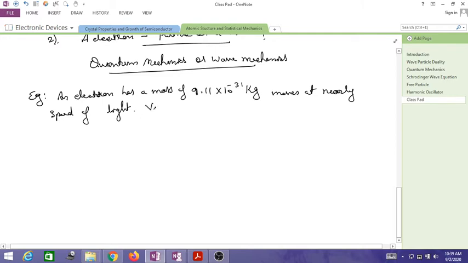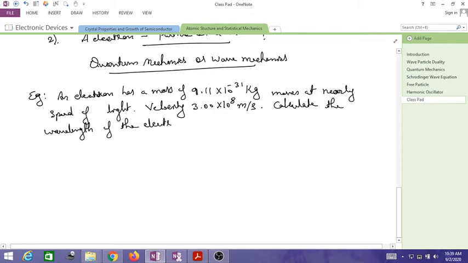By considering the velocity as 3.00 into 10 to the power of 8 meters per second, calculate the wavelength of the electron. Now we know the mass of the electron, so the solution goes here.